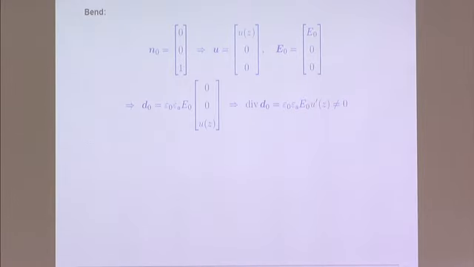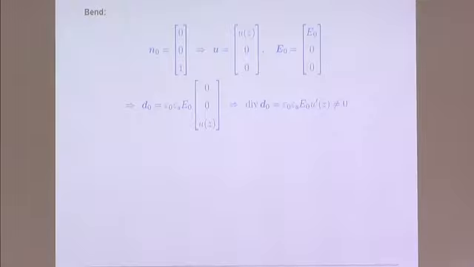And so my n naught is in the z direction. My perturbation is in the x direction. Everything is just a function of z, so I have some scalar u of z there. My ground state electric field is in the horizontal, in the x direction, with some magnitude scalar E naught in the first component.